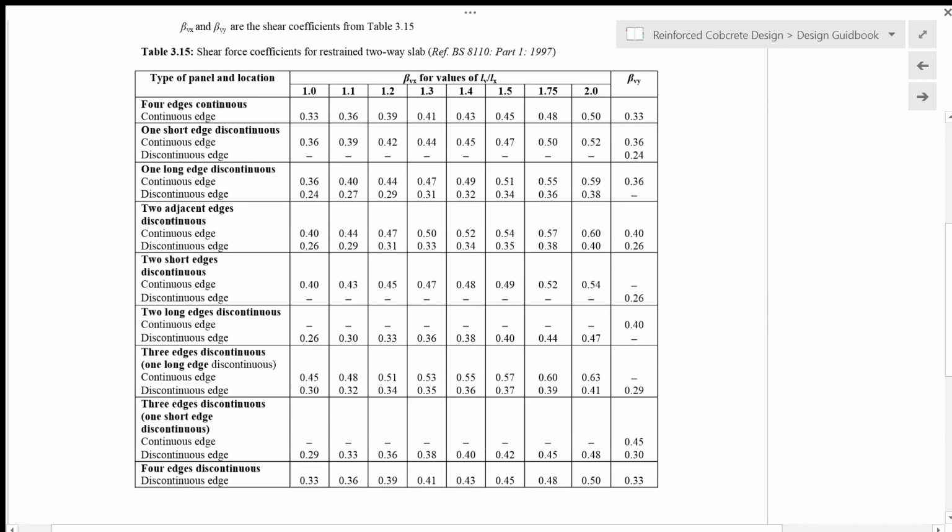So now we look at two adjacent edges discontinuous, meaning that we look at this row here, and Ly over Lx is equal to 1. Okay, so at the continuous edge we have 0.4 in the Lx direction, and at the discontinuous edge we have 0.26 in the Lx direction, and then in the Ly direction we have also 0.4 for the continuous edge and 0.26 for the discontinuous edge.